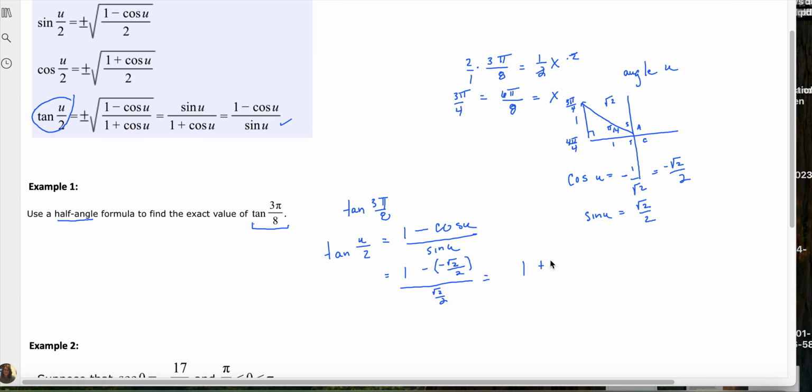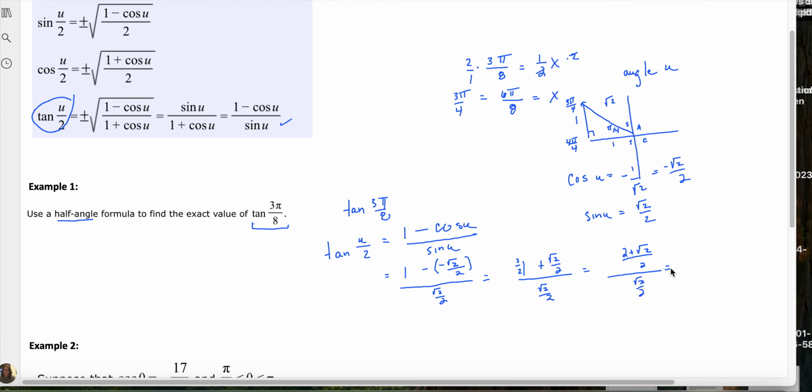So this is 1 plus the square root of 2 over 2, all divided by the square root of 2 over 2. With a common denominator in the numerator, I can think of 1 as being 2 over 2. So that would be 2 plus root 2 divided by 2, all divided by the square root of 2 over 2.